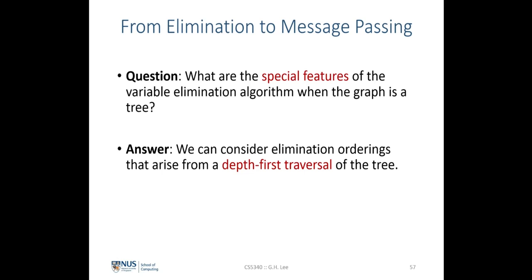The answer is that we can consider an elimination ordering that arises from a depth-first traversal of the tree. We'll see that this always maintains a tree width of 1, which is the most computationally efficient way of choosing the elimination ordering.